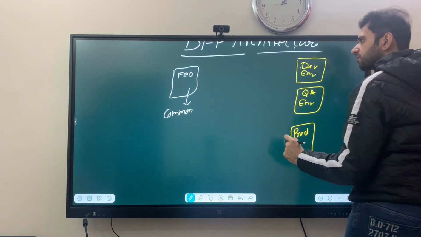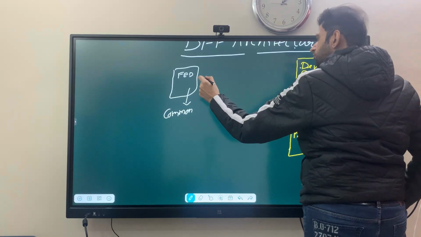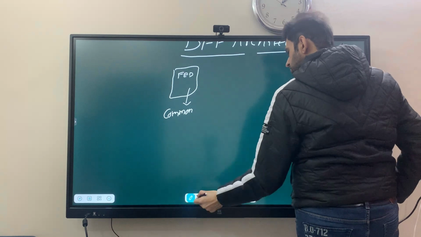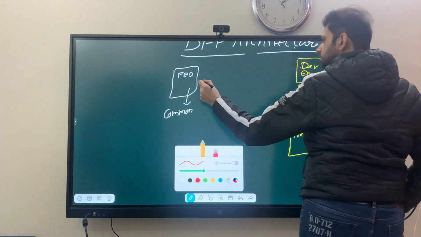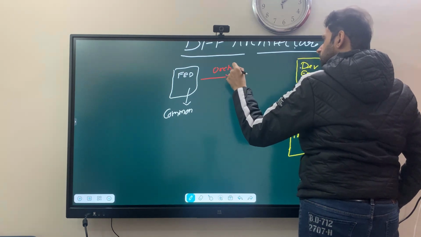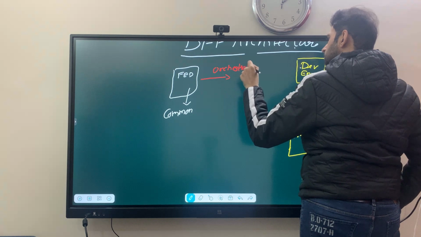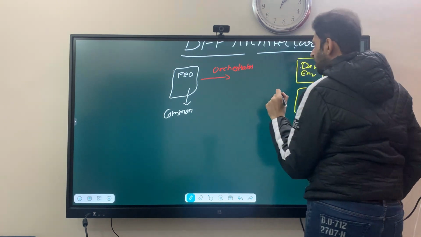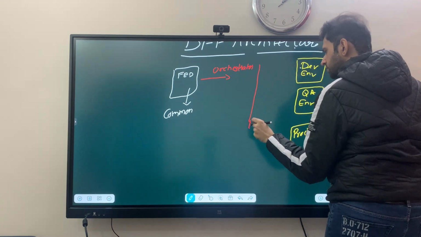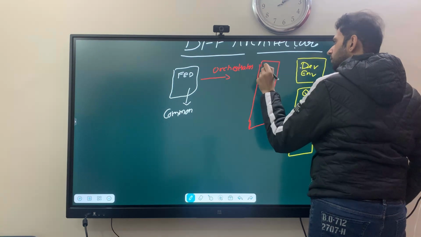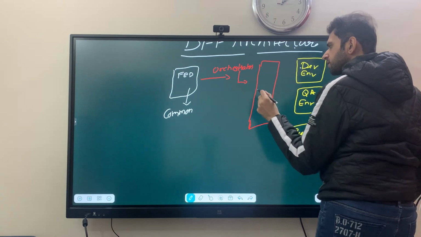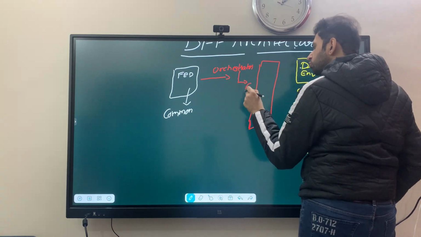Now the thing is, what frontend will do is, it will look up just for the orchestrator. Okay, it will just search for an orchestrator. So what orchestrator will do is, frontend will give a command that, okay, give me the backend for the QA environment.